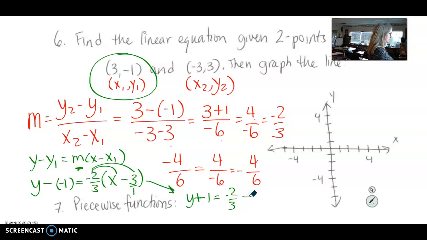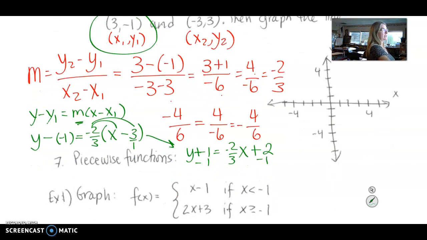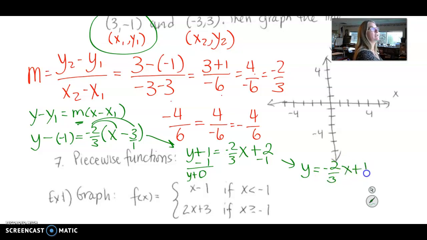This has an x, so negative 2/3 x, and then plus 2. Subtract the 1 so that y is on one side by itself, and I get y plus 0 equals, subtracting the 1 from the 2, negative 2/3 x plus 1.